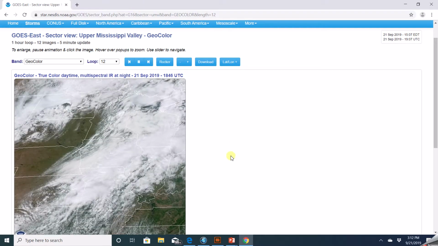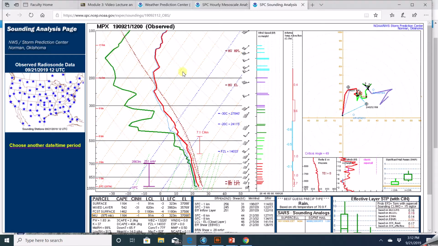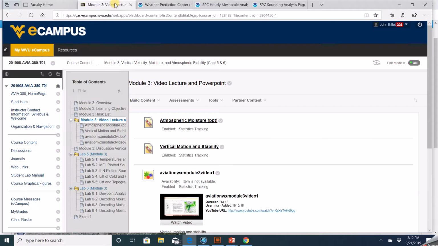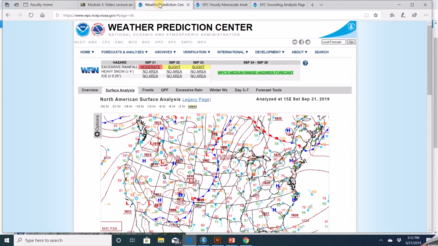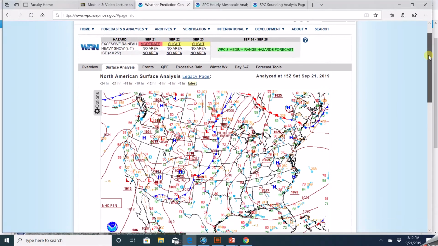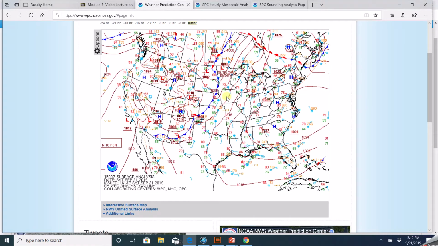let's take a look here at what's going on right now in the atmosphere. You can see there's a cold front out in the Midwest. Right here, on that cold front, you have northwest winds on one side of it, southeast winds on another. You have a low pressure system. Guess what? There's going to be convergence right in there. So you're going to have vertical motion right in this area.